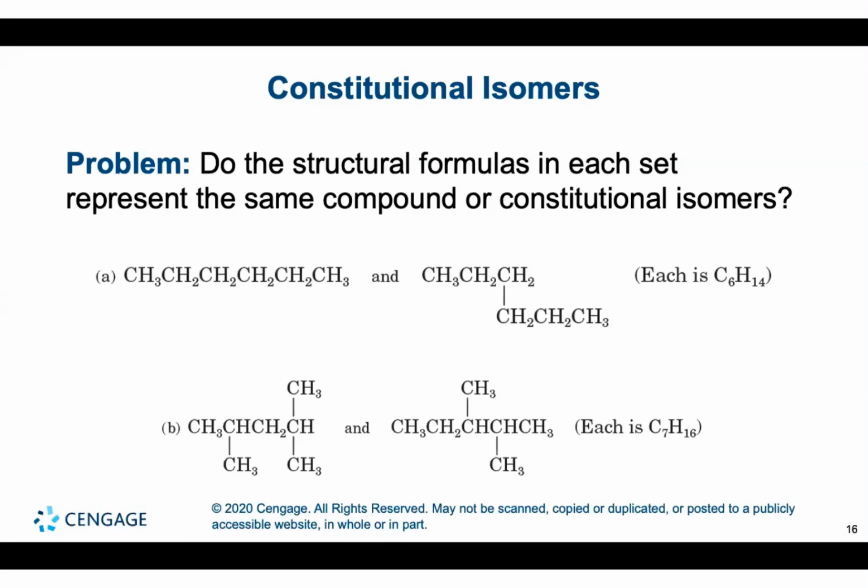What you are going to do is find the number of carbons and hydrogens in each compound, and if all have the same molecular formula, they are constitutional or structural isomers. Another name for constitutional isomers is structural isomers.